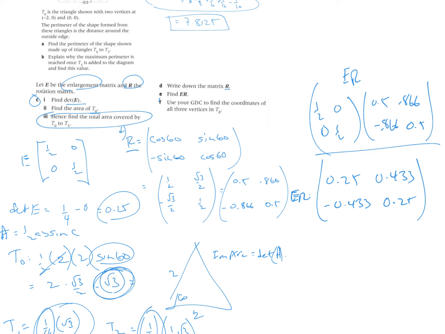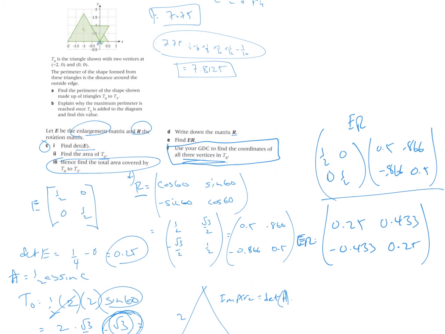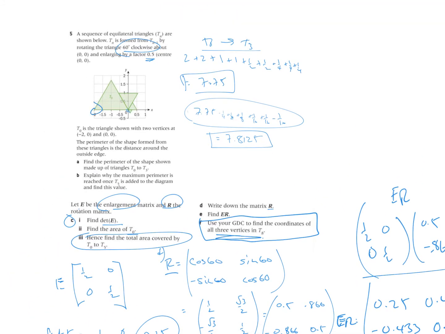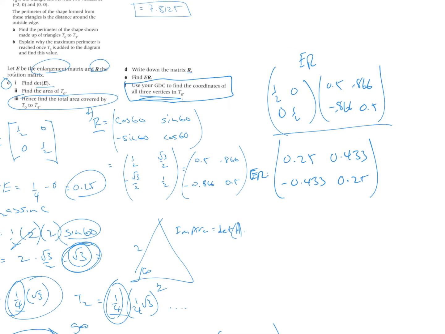Okay. And then finally it says, use your GDC to find the coordinates of all three vertices in T8. Well, if we think about our T0, we have each of these values here. And so if I would take my first vertex, 0, 0, and multiply that times ER, I will get the T1 vertex.